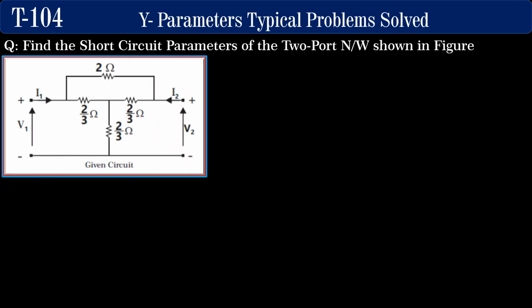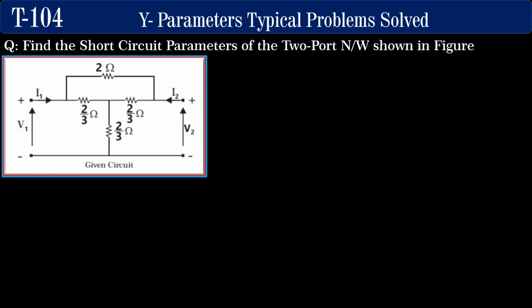Friends, during the previous solutions, we have solved this problem by two methods. In the first one, we reduced this network into a pi network and transformed the resistance elements into admittance elements and then found the Y parameters. But in the second one, we used the reduced network and wrote the nodal equations to find Y parameters.